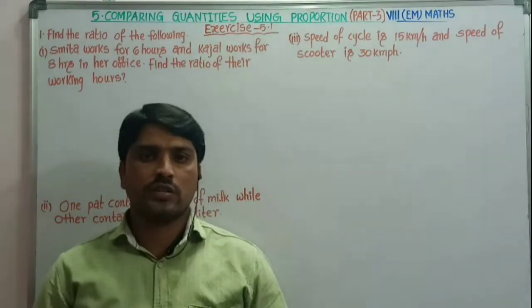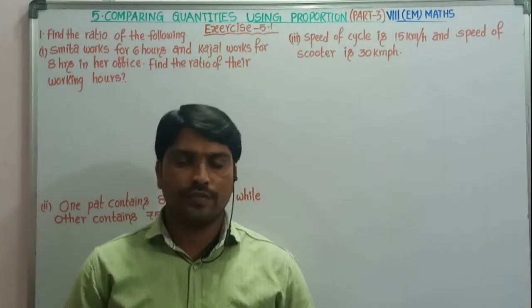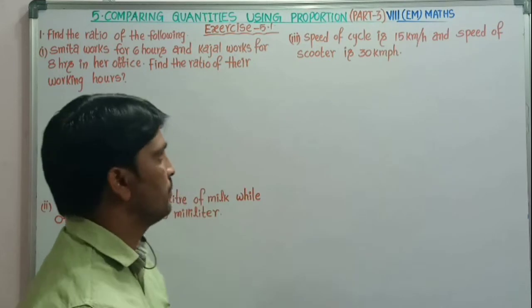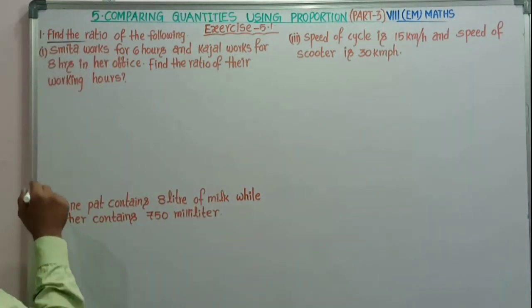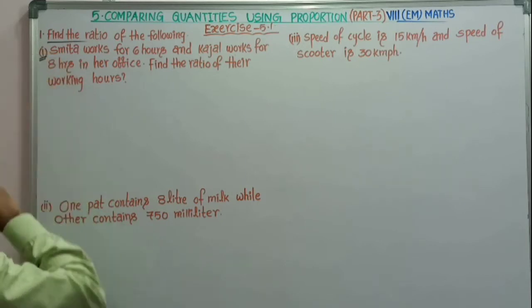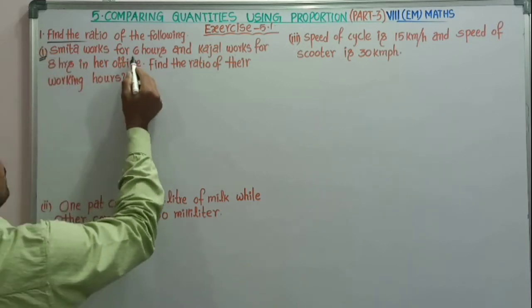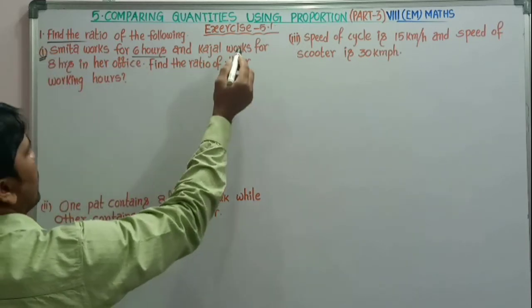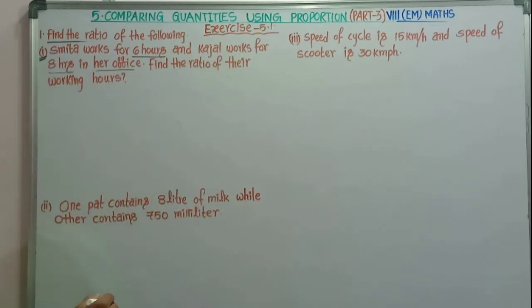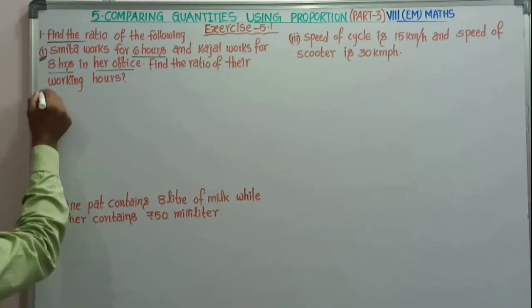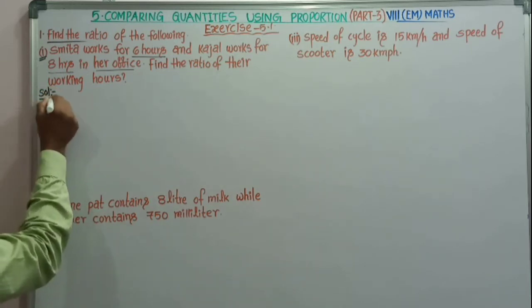Okay. Next, solutions of questions of exercise 5.1. First question, find the ratio of the following. First one: Smita works for 6 hours and Kajal works for 8 hours in her office. Find the ratio of their working hours. Solution.